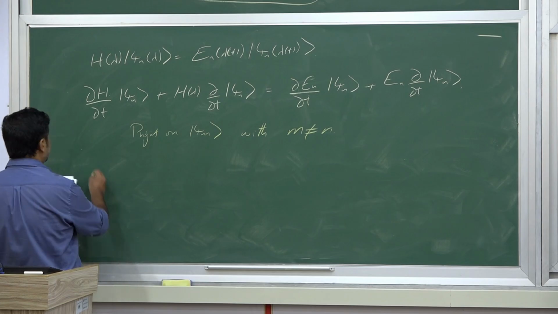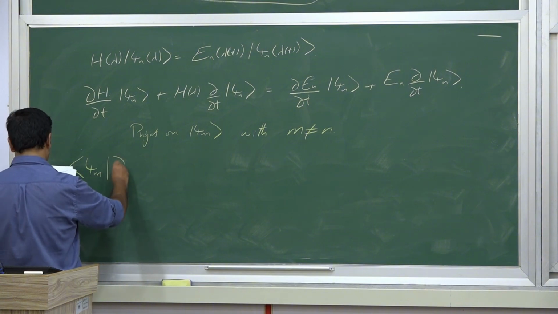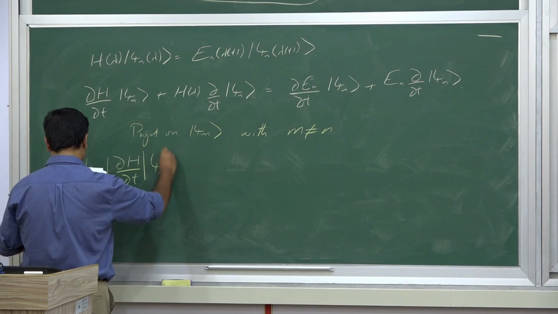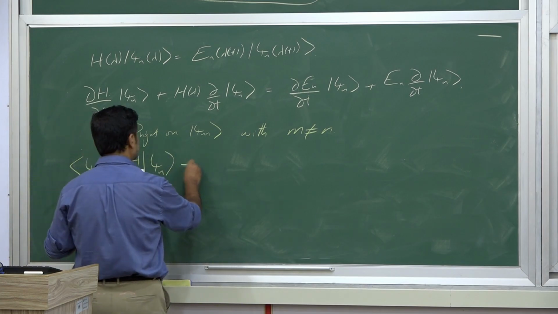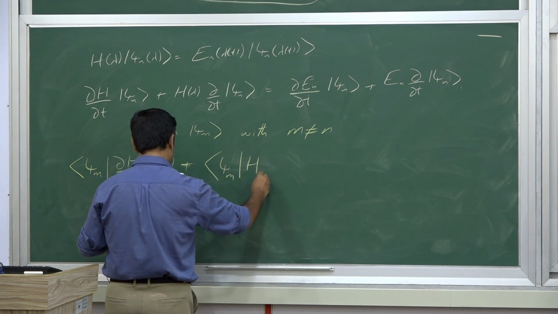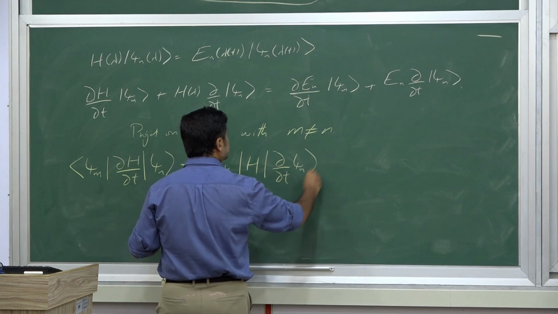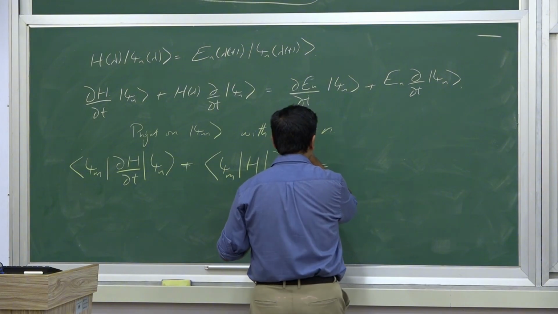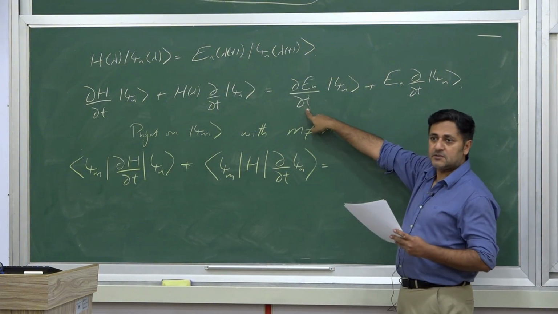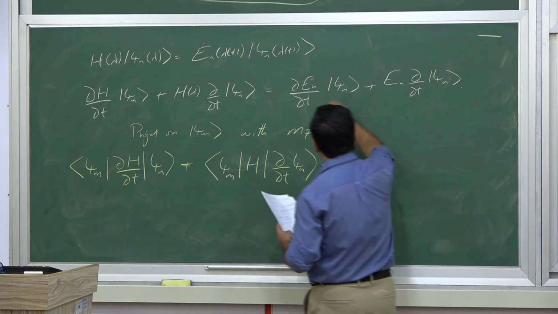So I get this term and this term. Over here, this just gets 0 because this is projected. This is just outside. So this becomes 0.